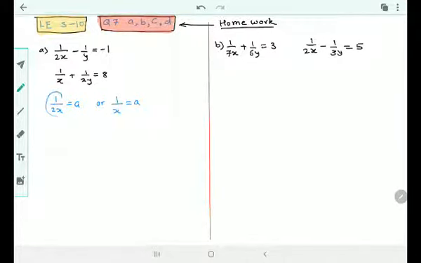Because if I take 1 upon 2x is equal to A, then there will be a problem for this term. And if I take 1 upon x is equal to A, then there will be a problem for this term. I hope you are understanding. That's the problem for this particular question: what to do.